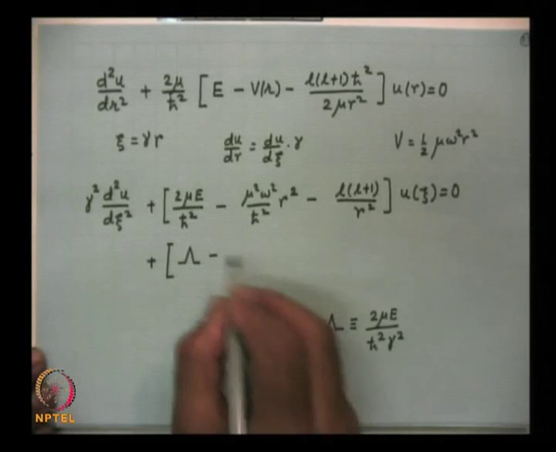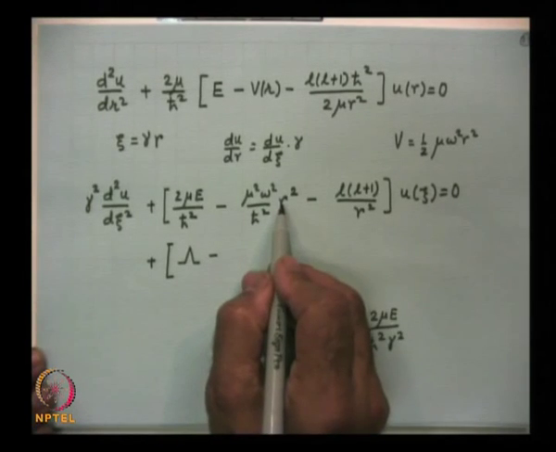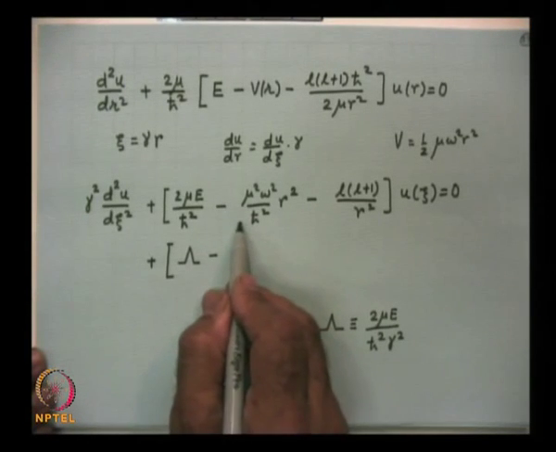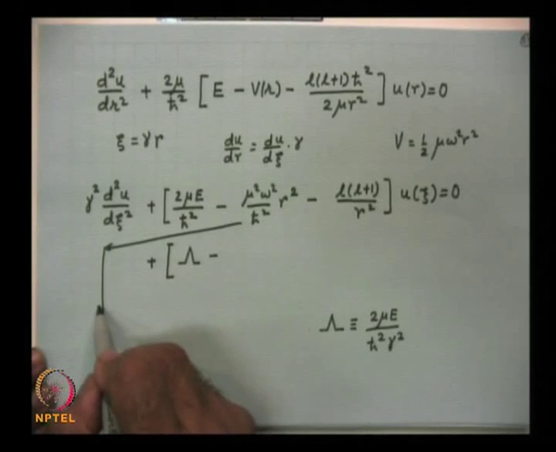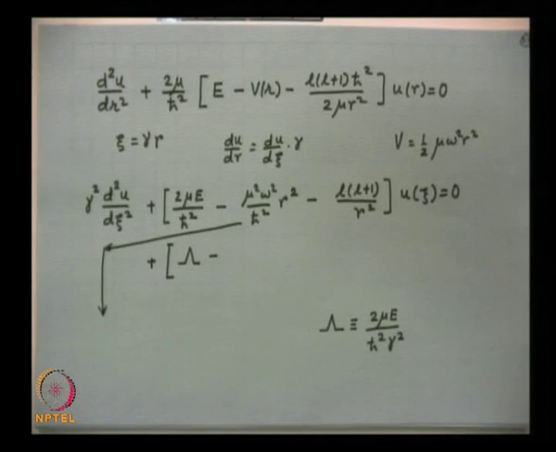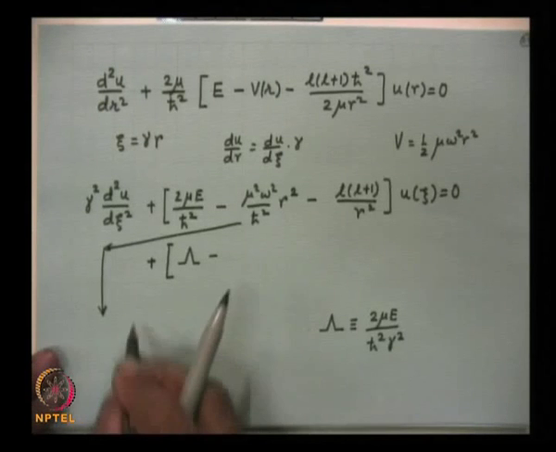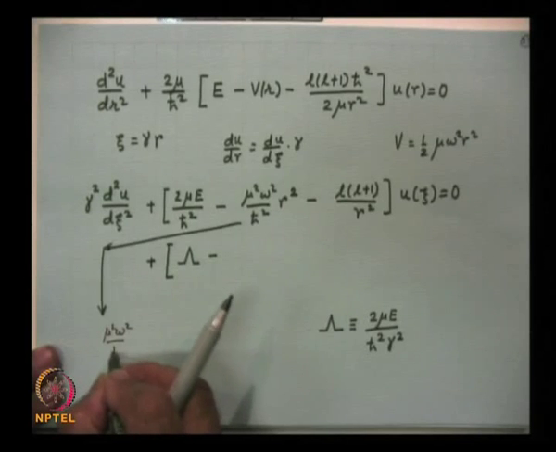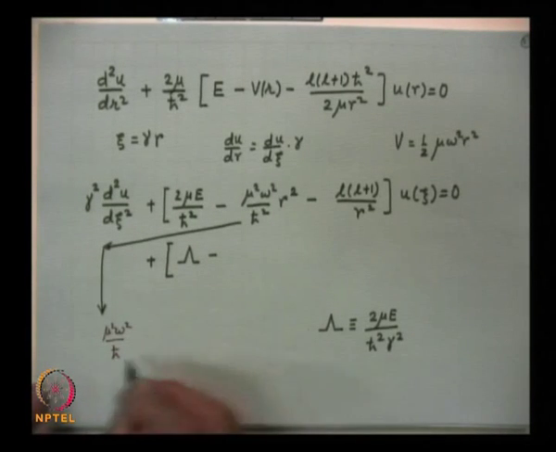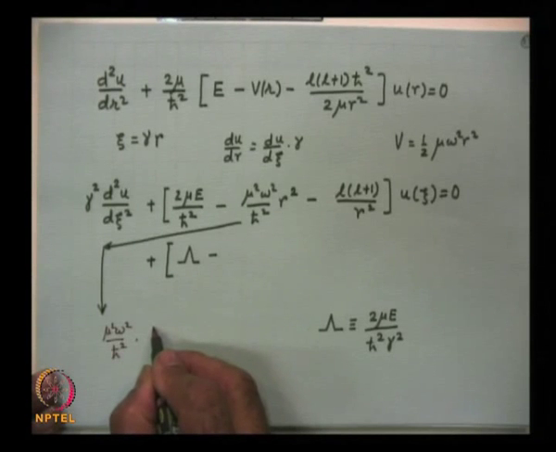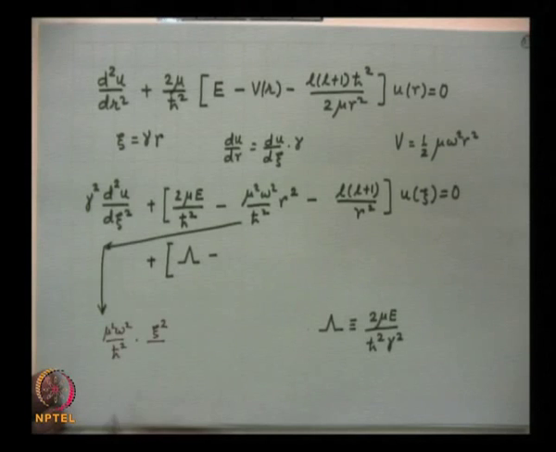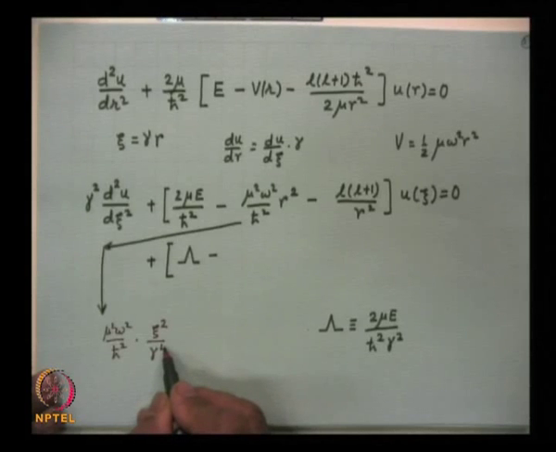And r square is xi square by gamma square, and there is one gamma square coming from here, so this will become gamma to the power of 4.